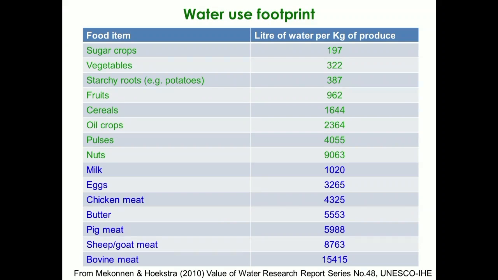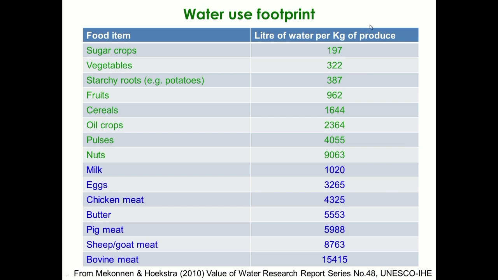The amount of irrigation that crops need depends on the foodstuff that we're wanting to grow. So this table is just comparing different foodstuffs. In green we've got plant-based foods, and in blue I've got animal-based foods, comparing the amount of water per kilogram of that foodstuff that is needed.